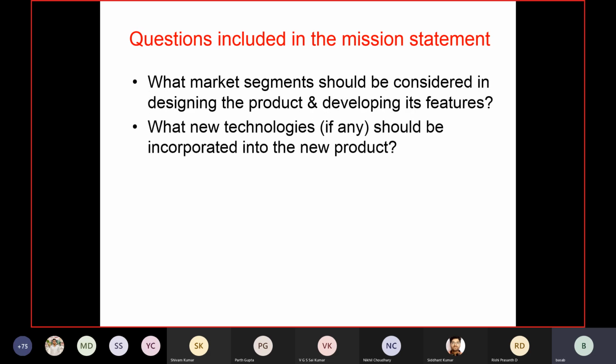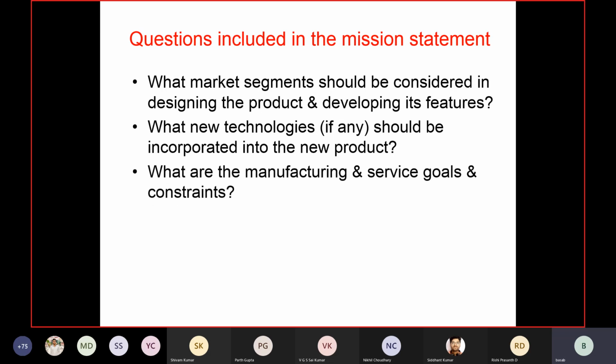What new technologies, if any, should be incorporated into the new product? If any, new technologies. New means new to the world, or maybe also new to the company. What are the manufacturing and service goals and constraints? Here itself, it's a rough idea.